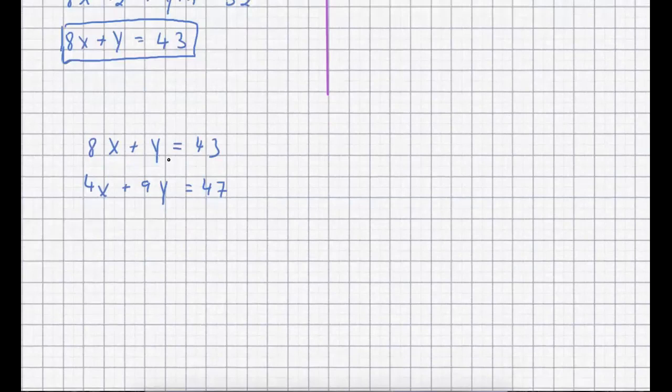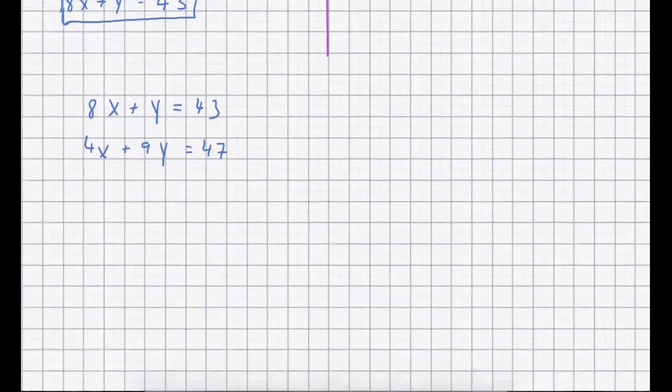So again, we need to isolate the y. How do you do it? So like what you did, I took the y here and I isolated it. So 8x minus 43 equals y? Yeah, or y equals 43 minus 8x.